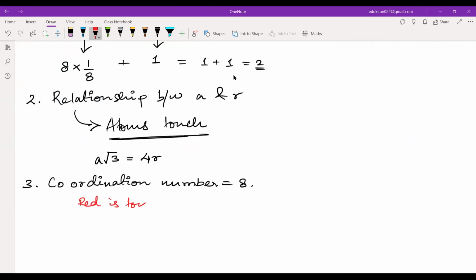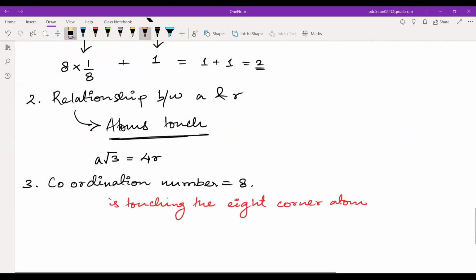Red is touching the 8 corner atoms. Okay. So red is the body-centered atom. Let me write body-centered atom.